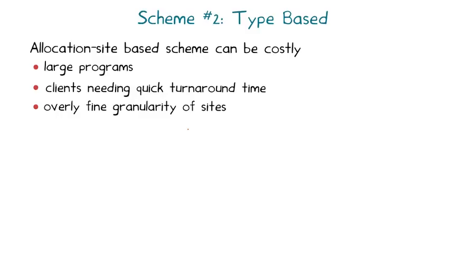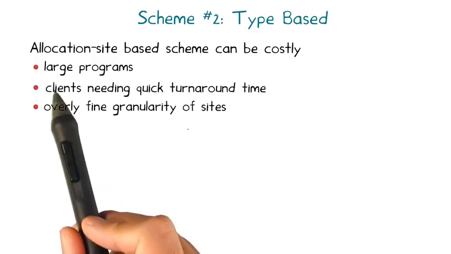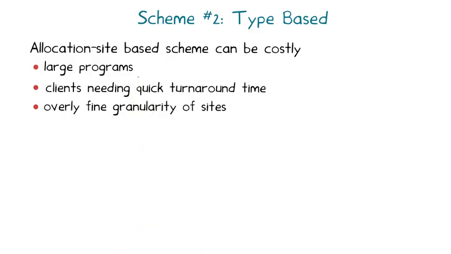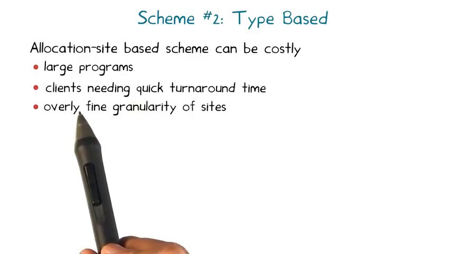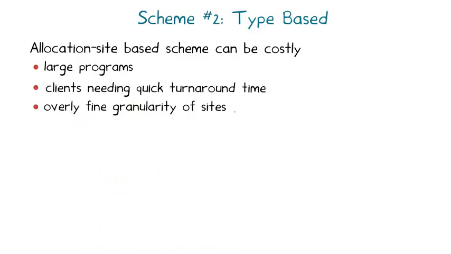Although the number of allocation sites in any program is finite, tracking a separate abstract object per allocation site can be prohibitively expensive for large programs which can contain too many allocation sites, or for clients of pointer analysis that need a quick turnaround time to aliasing queries, such as an integrated development environment, or for situations when it is unnecessary to make distinctions at the fine granularity of allocation sites.